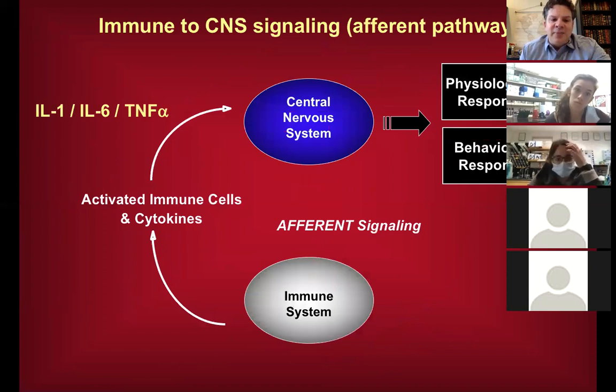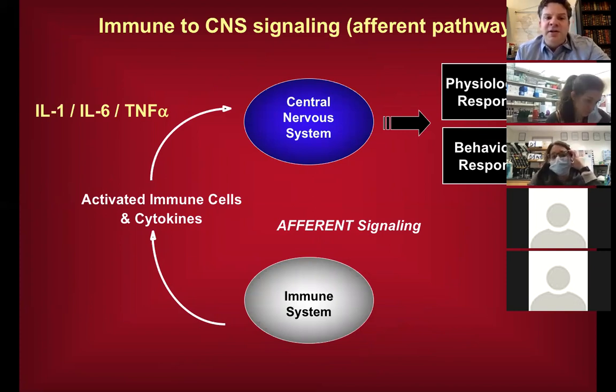And just giving you an example here, again in the context of a peripheral infection. The immune system is going to respond. You're going to see activated immune cells. You're going to see cytokines, which are really the principal communicators that immune cells produce to generate inflammation or call other cells in.